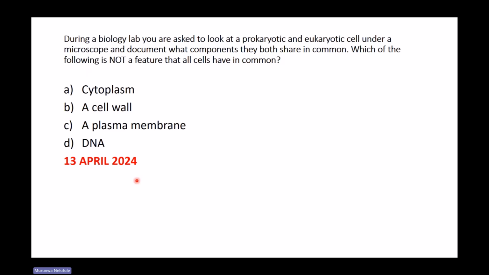Is it A, cytoplasm, B, cell wall, C, plasma membrane, or D, the DNA? This question is asking which feature is not common in both prokaryotic and eukaryotic cells.